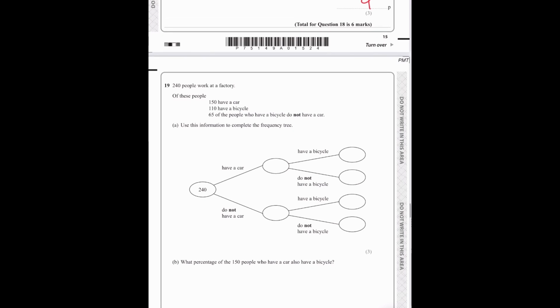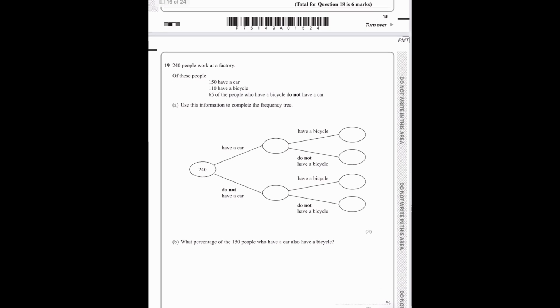240 people work at a factory. Of these, 150 have a car. So I can put that straight in. 150 have a car. Now, if 150 have a car, 240 take away 150 gives me 90 that do not have a car. Now, it tells us that 110 have a bicycle. So have a bicycle, this one and this one together must equal 110.